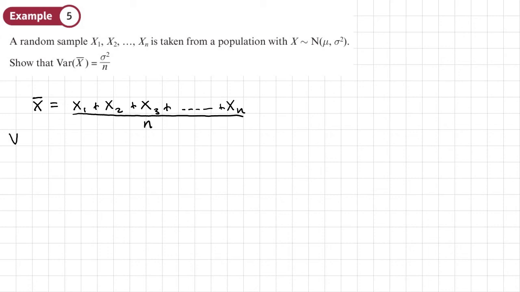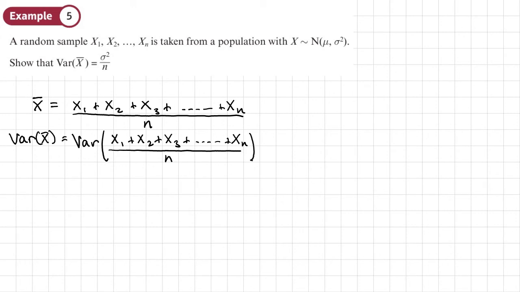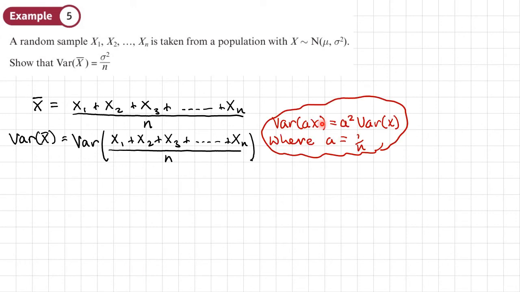Now we basically take the variance of both sides. So that's going to be var of all of this stuff here, all our random variables added together, divided by n. So we can use this rule now, var of aX, where a is like 1 over n.